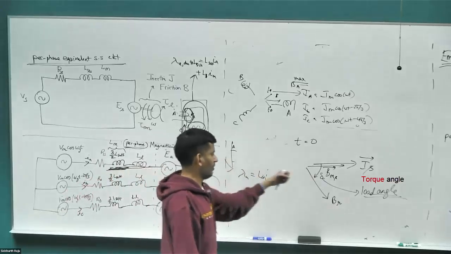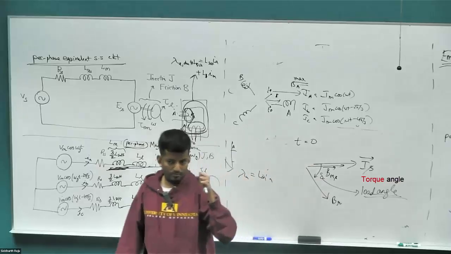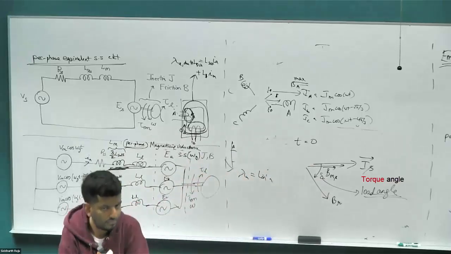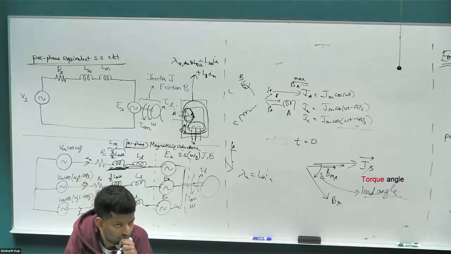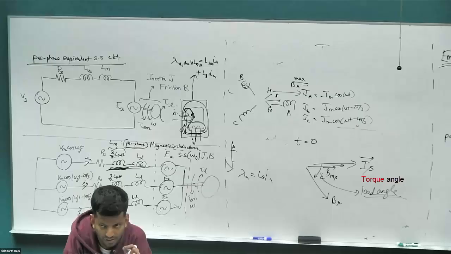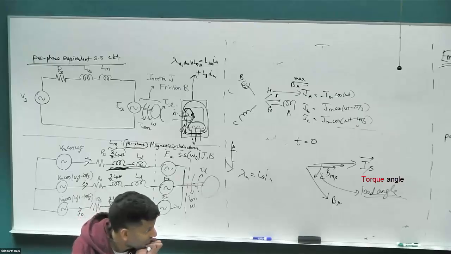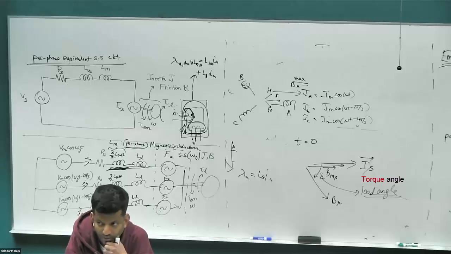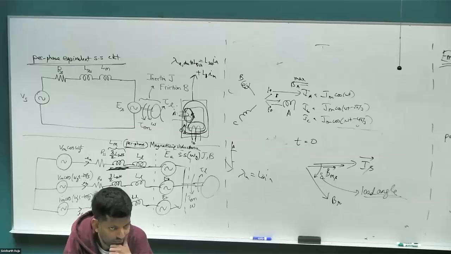Is there a particular choice of delta that will create maximum torque? I don't know who gave the answer for it, Jonah or Kirnesh, one of you gave the answer already, right there on the right hand side of the board. Is there a particular choice of delta that will give me a maximum? 90 degrees. 90 degrees?